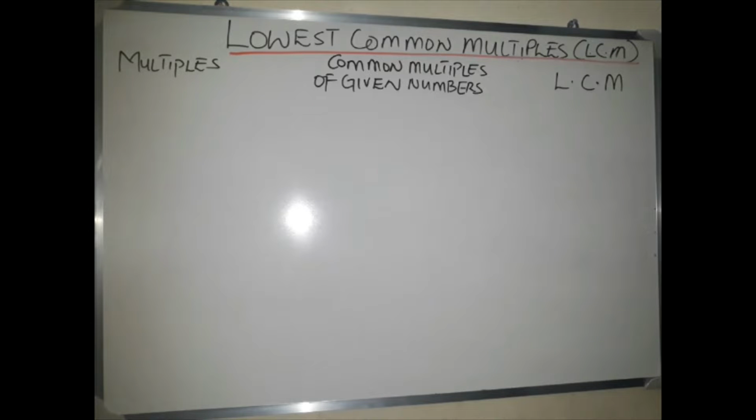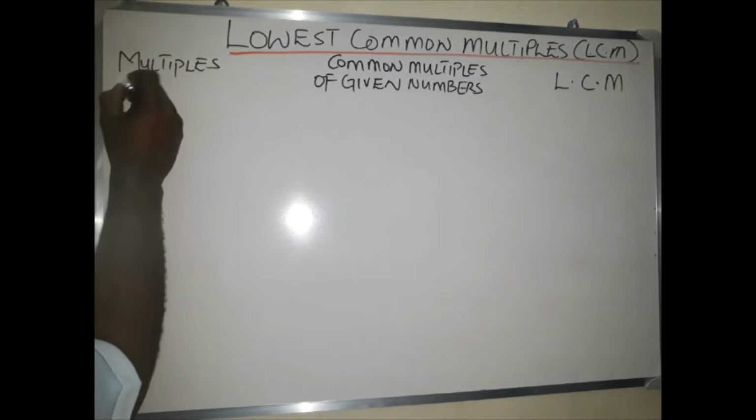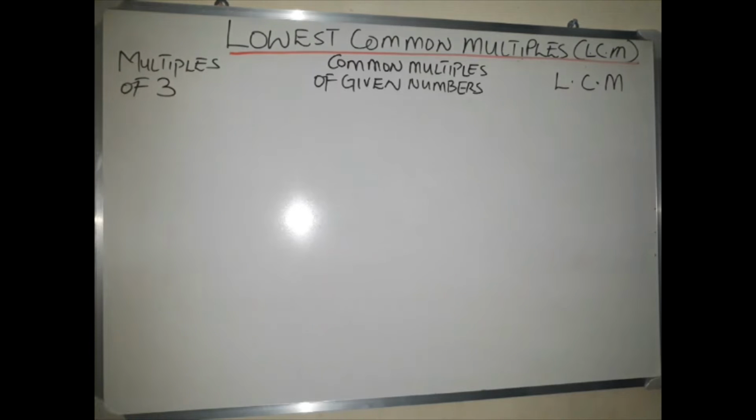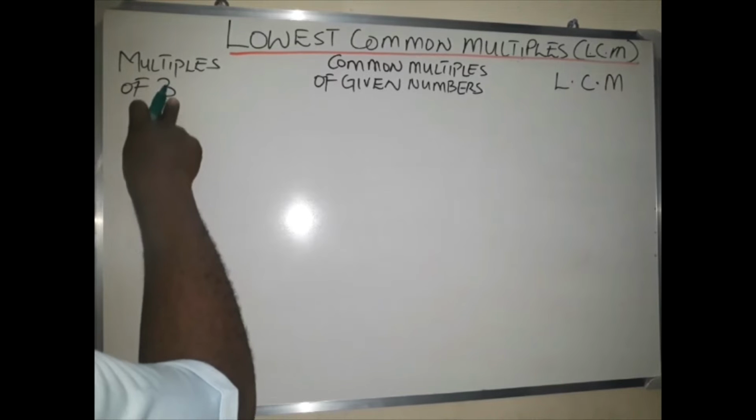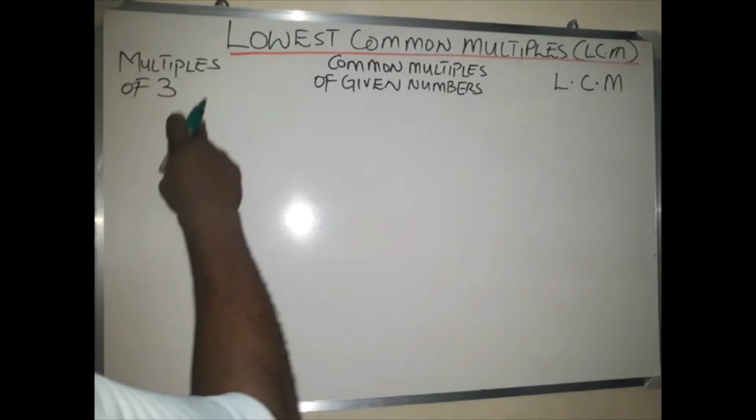For example, if we're asked to find the multiples of 3, it means that we need to look for numbers that 3 can divide without a remainder. To do that, we multiply 3 by whole numbers.